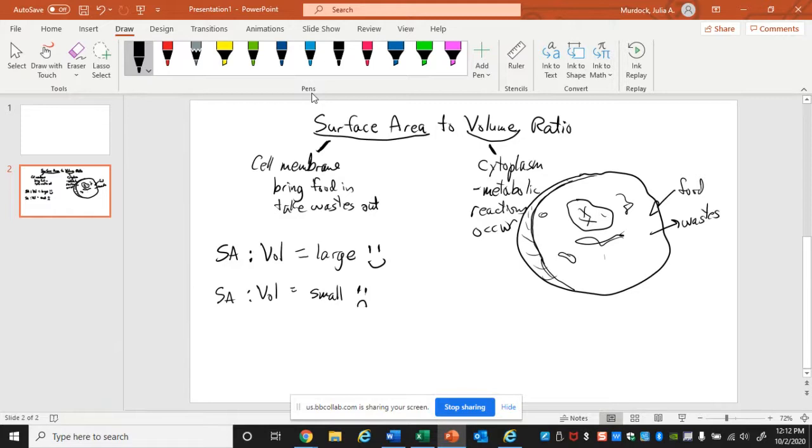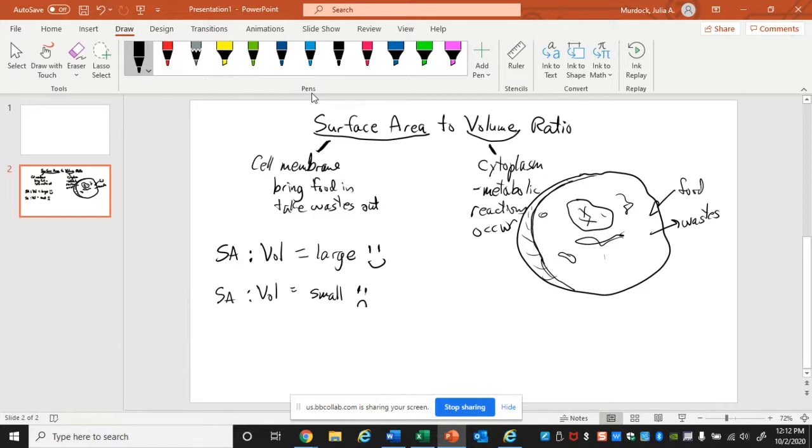So now it turns out that the surface area to volume ratios are inversely proportional to the size of the cell. And this is a mathematical fact as well. If you had a solid cube and it was getting bigger and bigger and bigger, the larger it gets, it turns out that the volume increases much faster than the surface area around it.